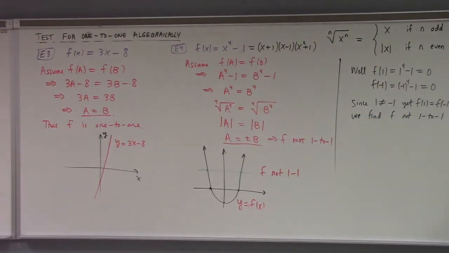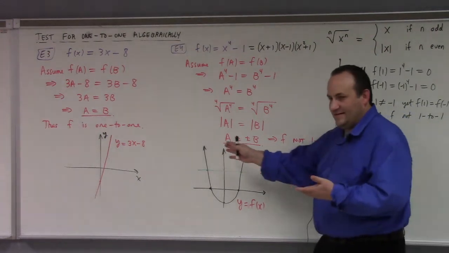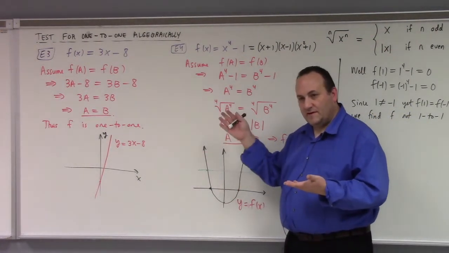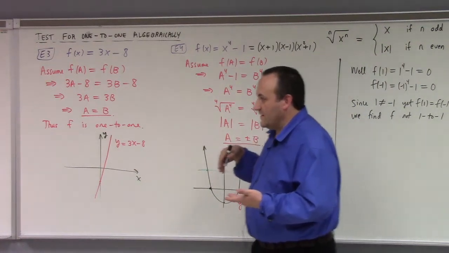Okay, so now you guys are experts at what a one-to-one function is. It's really not that deep. It essentially doesn't turn back on itself. It's got to either keep increasing or keep decreasing.